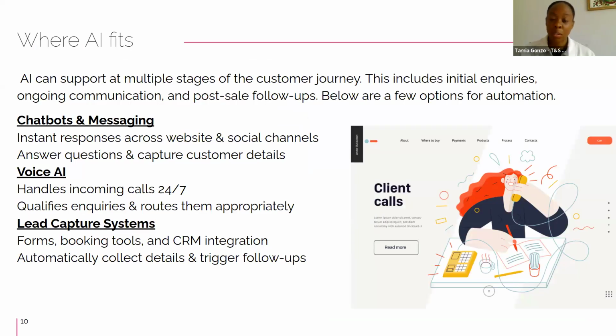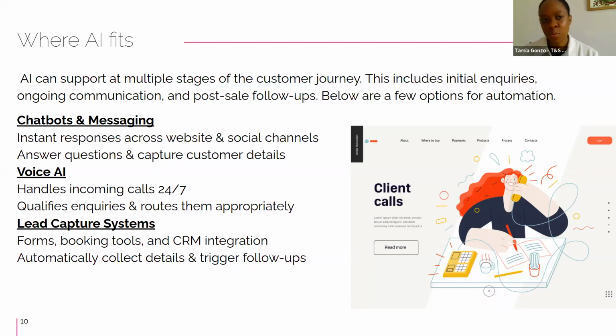Okay, so first, where does AI fit? There are many stages in the customer journey, from the initial inquiry, ongoing communication, and post-sale follow-ups, where it can make a huge difference. So the first one will be chatbots. This is having a chatbot on your website that instantly responds across your website and social channels to answer key questions and capture customer details.